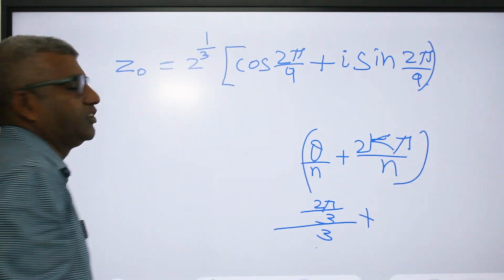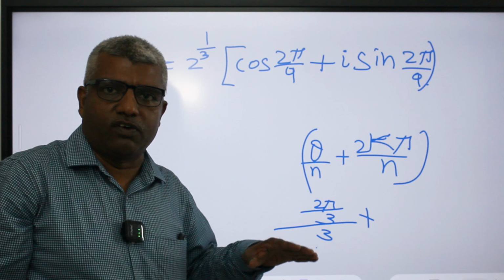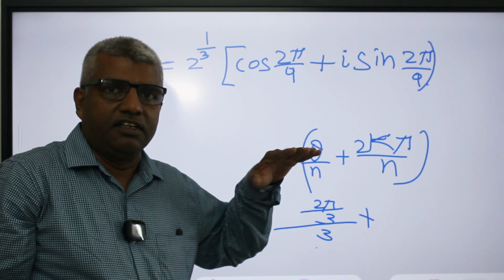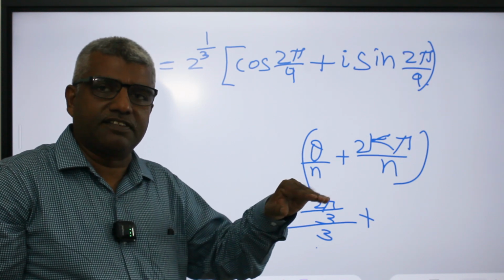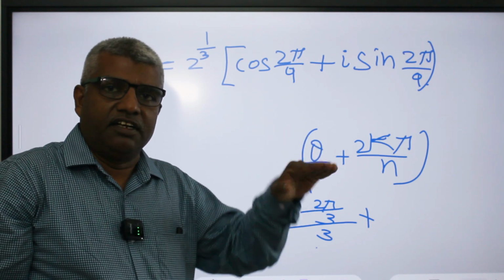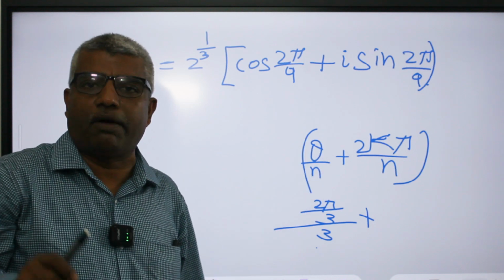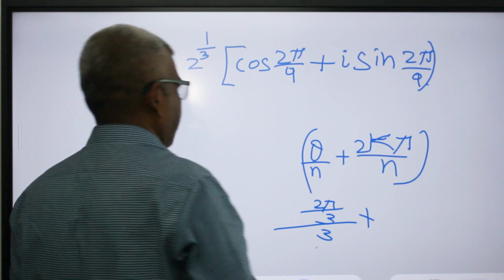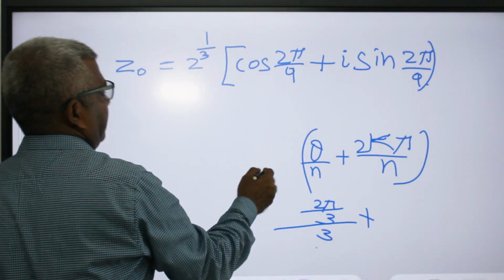Got it? The formula is z k equal to r power 1 over n, cos of theta by n plus 2k pi over n, plus i sin of theta by n plus 2k pi over n. Now we finished z0.